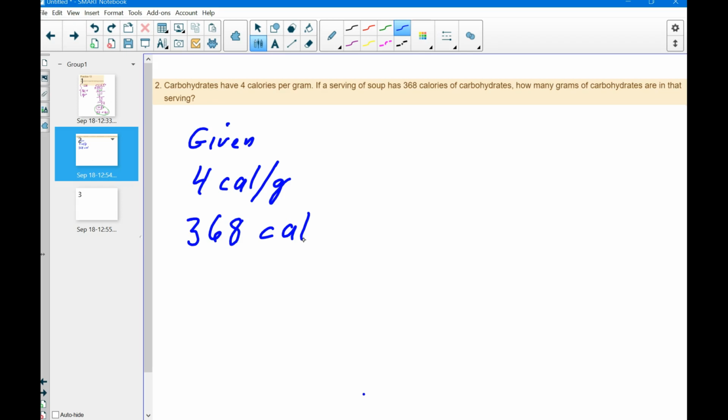So what I'm going to be looking at is 368 divided by 4. Sweet, no problem. Or I can write it like this: 4 and 368. And do it the long way.